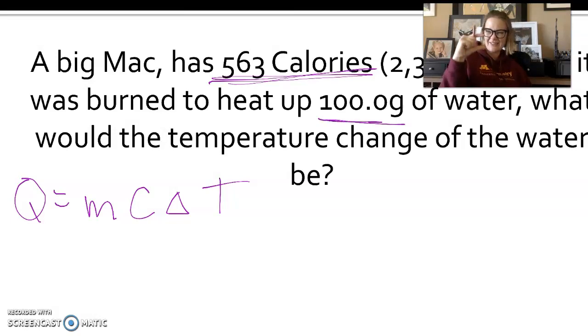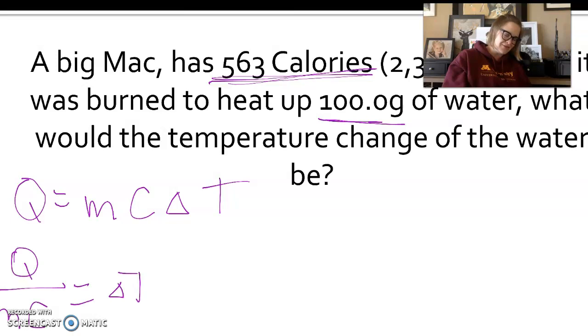So picture 100 milliliters of water in a beaker with a burning Big Mac under it. I want to solve for what the temperature change would be. So I want to get delta T by itself. I'm going to take the energy and divide it by M and C, and we're going to solve for delta T, the change in temp.